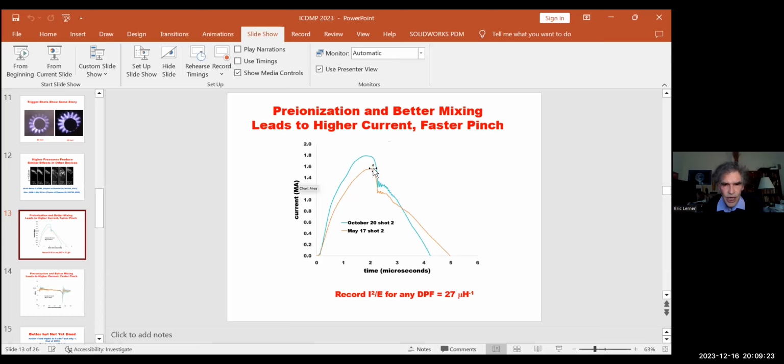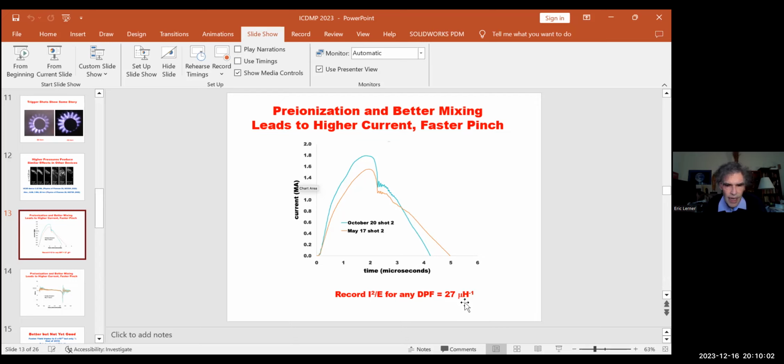So this was the shot back in May, and now in October, we achieved even higher peak current. This is 1.8 megamps, so almost a 50% increase over what we were getting with the old switches. And that gives us a record I² over energy for any DPF, which we measured at 27 over 27 microhenries.